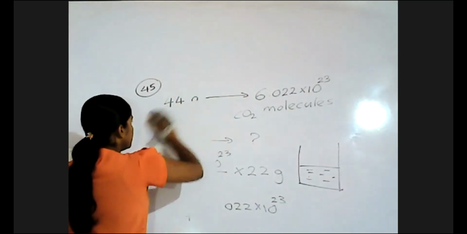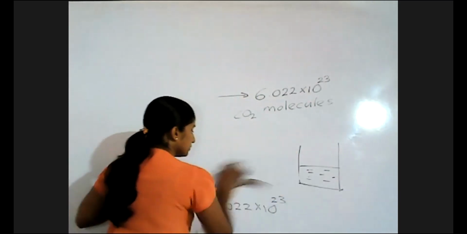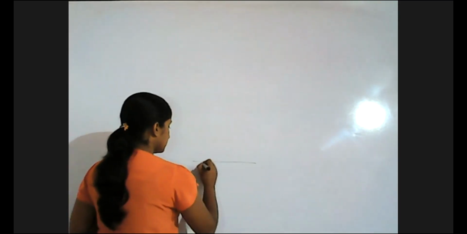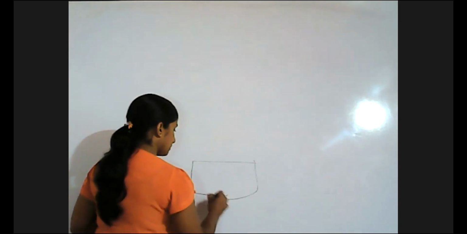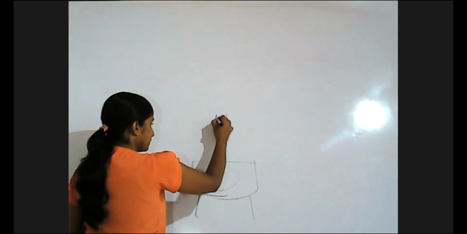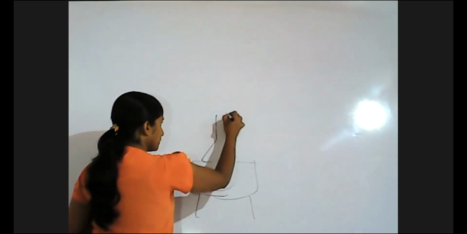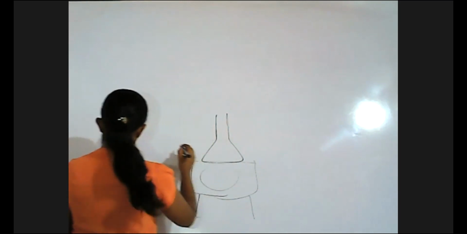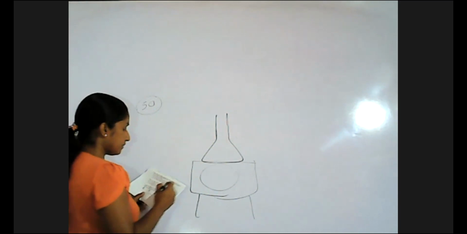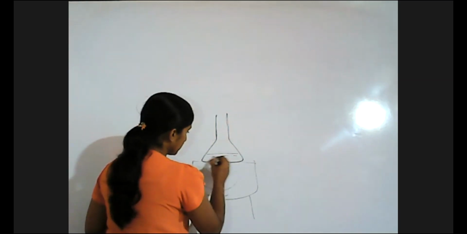What happens here? The reaction between the limestone and the hydrochloric acid, right? There's a balance here, and the conical flask is there, and aqueous hydrochloric acid is here.